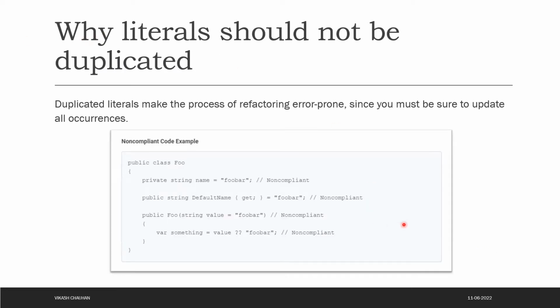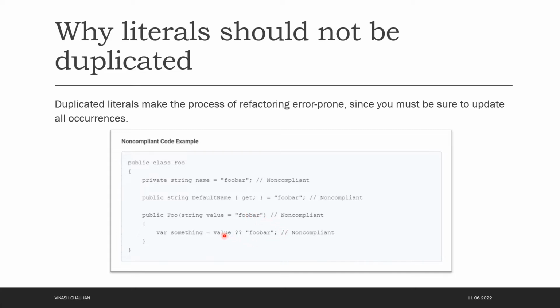Literals should not be duplicated. Duplicate literals make the process of code refactoring error prone. Let's take an example. Now move on to the screenshot. There is a Foo class. The Foo class has the foo bar literal assigned to the string type name variable, and again the same foo bar is also assigned to a default name property as a default value, and again in the constructor we have a hard coded default value foo bar.